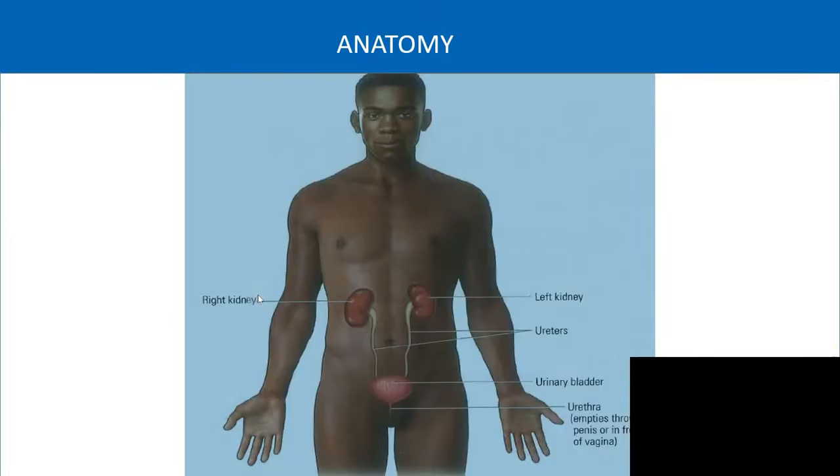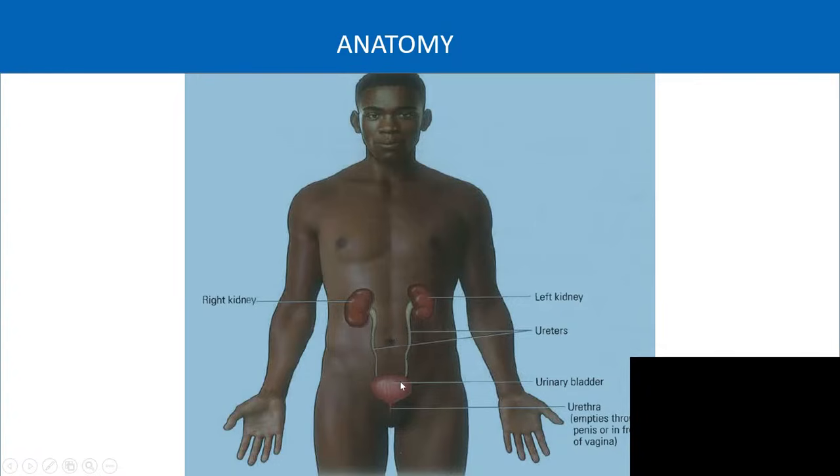Whenever we want to code CPT codes, we need to understand the anatomy first. In today's session, we are going to learn cystoscopy, correct? So now we need to understand what cystoscopy is. This is the anatomy of the urinary system. These are the right kidney and left kidney. These are two ureters.